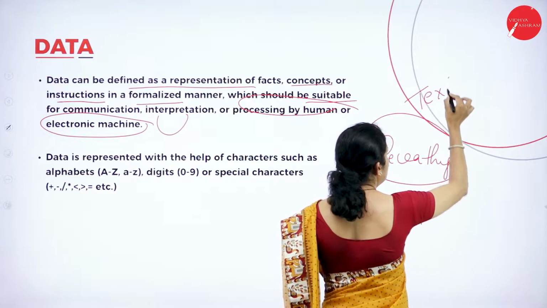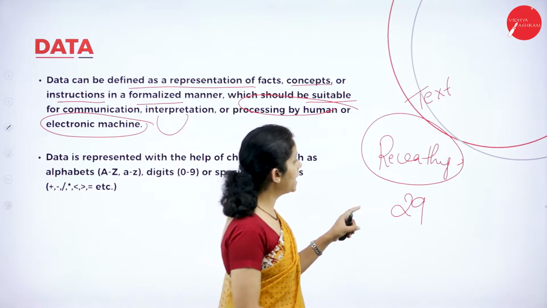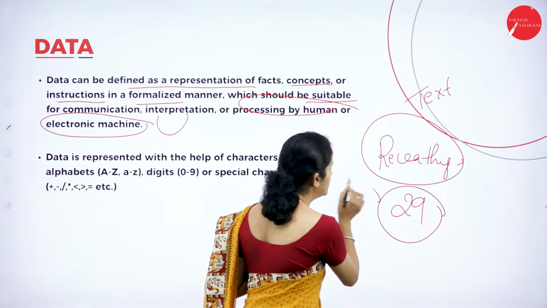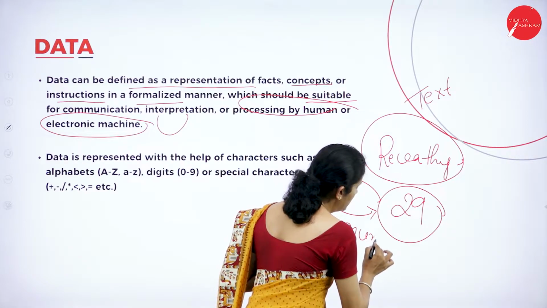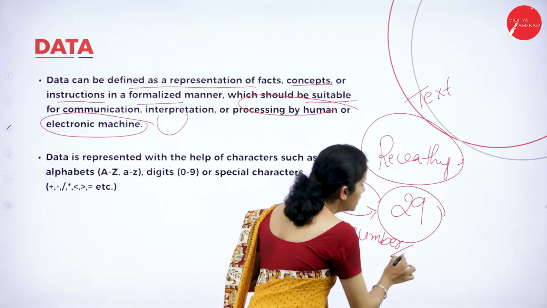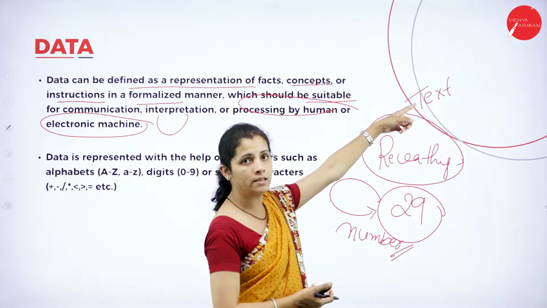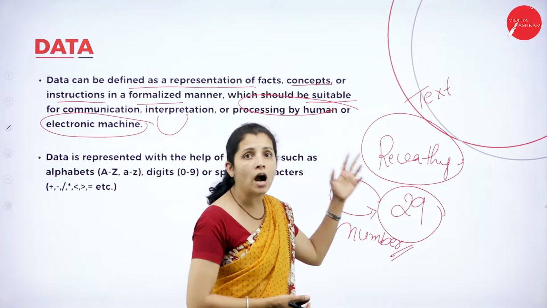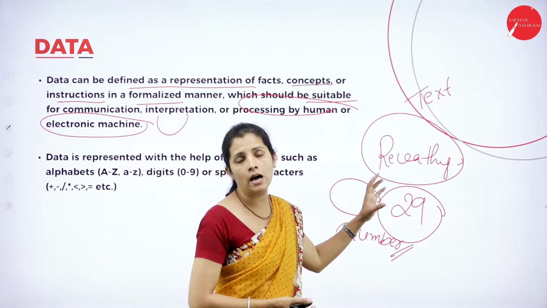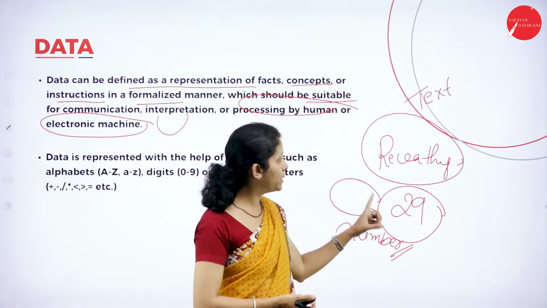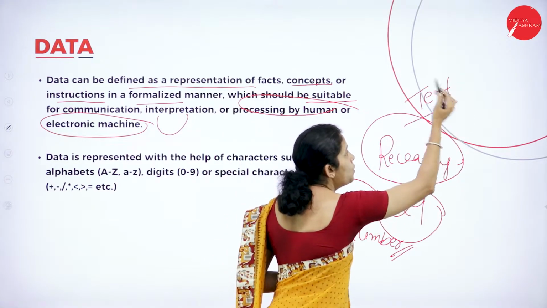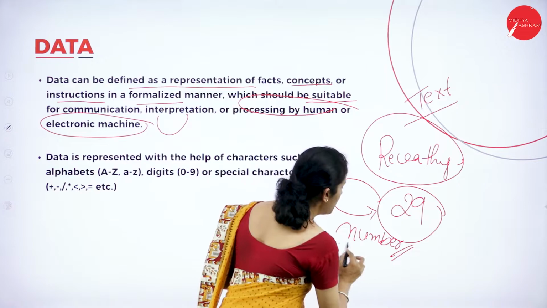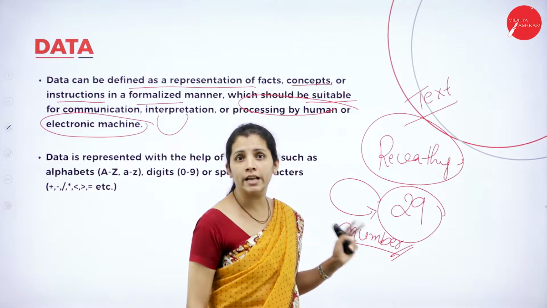If I consider my age, that is nothing but number. So here data can be any text or any number or any video files, image, audio files. All these things are treated as data, because to store the text, I have character, and to store number, I'm going to have integer data type.